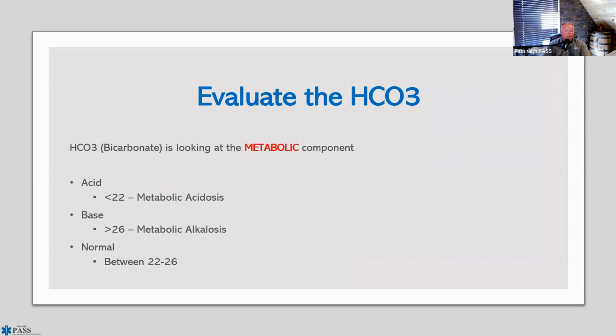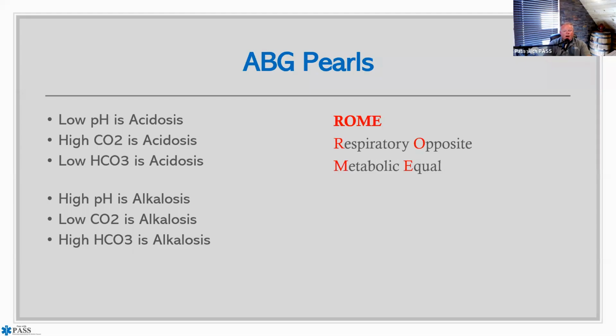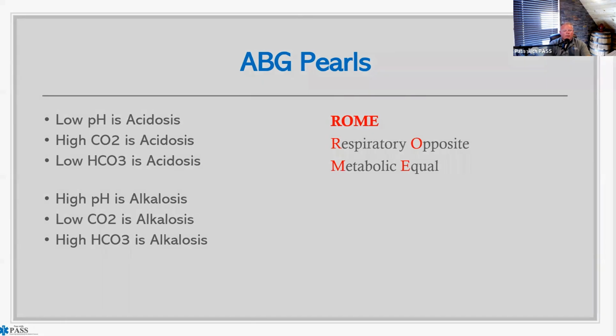And remember, metabolic equal is telling you that both your pH and the bicarb are both going in the same direction. Remember that your normal here is between 22 and 26. All right, so the ABG pearl, remember your ROME mnemonic: respiratory opposite, metabolic equal, meaning in the same direction or the opposite direction of the pH, depending on which portion you're looking for.